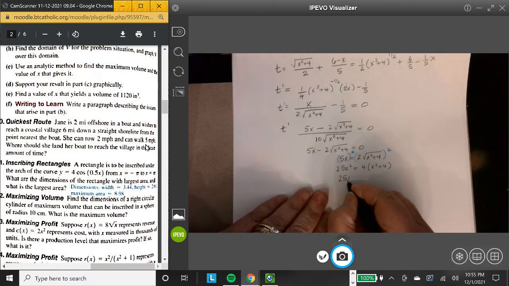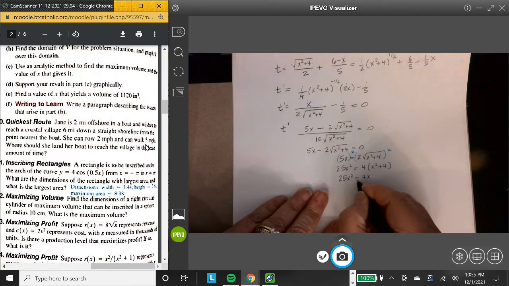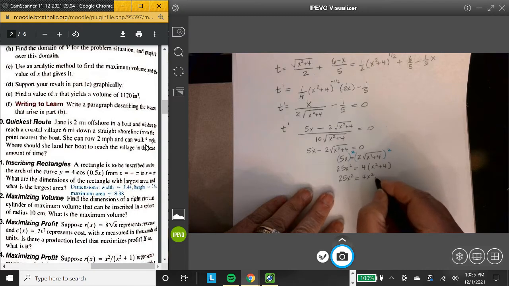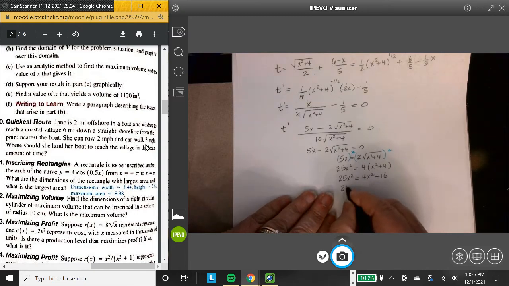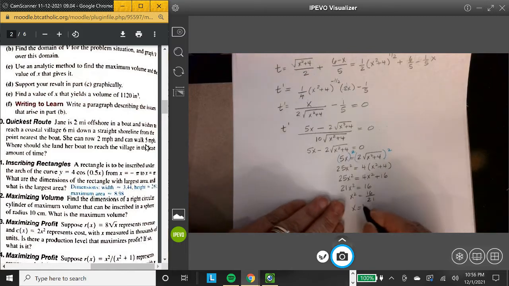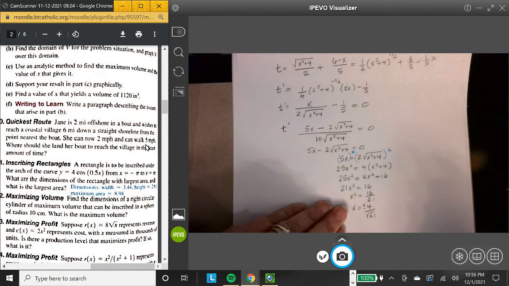We get 25x squared equals 4x squared plus 16. Subtract the 4x squared, and we get 21x squared equals 16. X squared equals 16 over 21. X equals, the square root of 16 is 4 over root 21. And it's plus or minus.